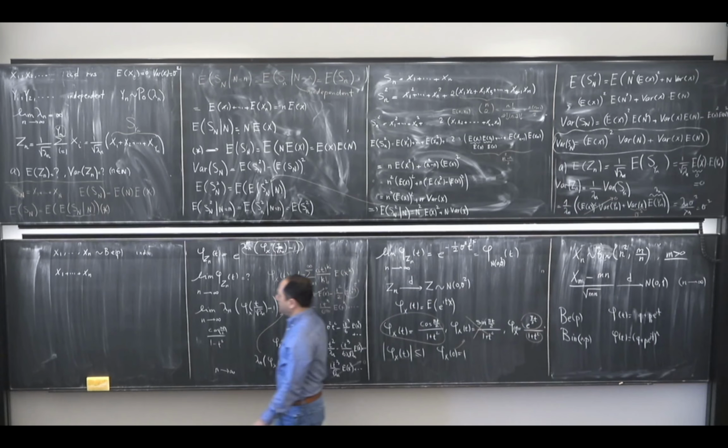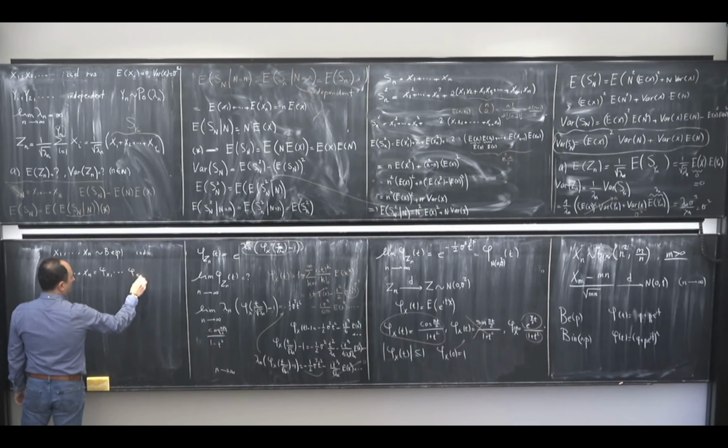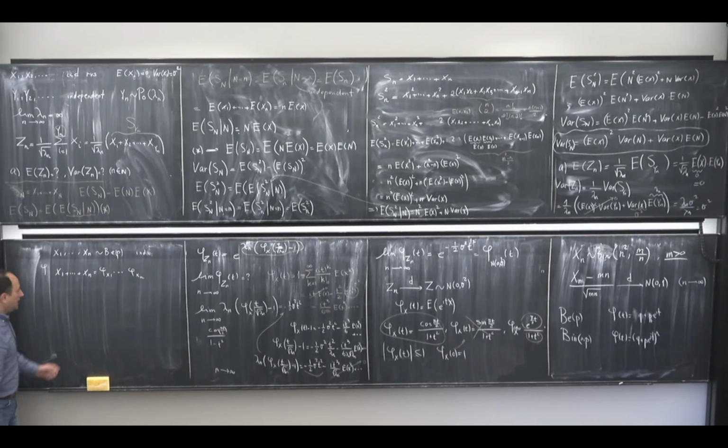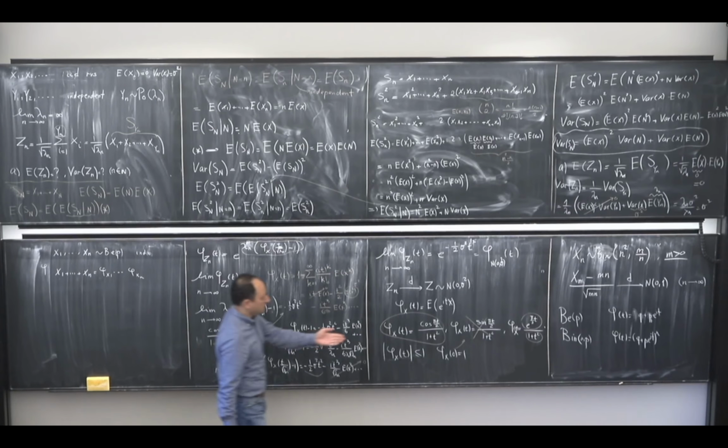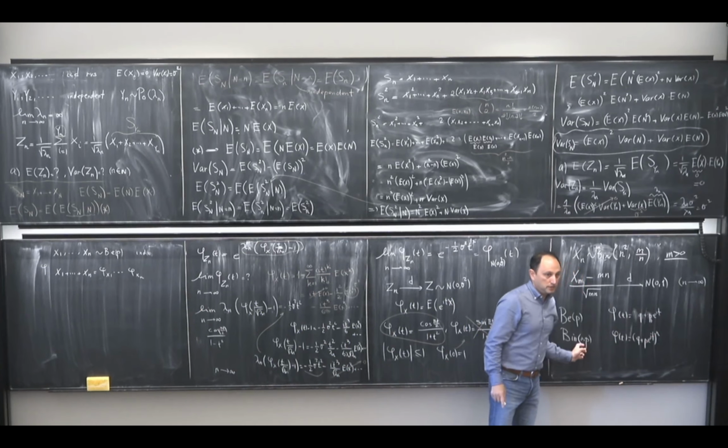I need phi of the sum, which becomes phi of the first one multiplied up to phi of the last one. Do you agree? And phi of each one of them is this. When I multiply them n times, it becomes binomial.